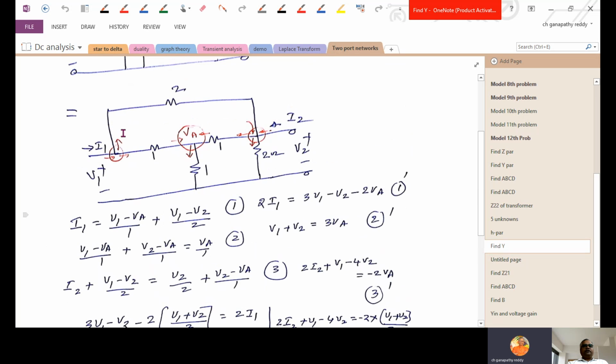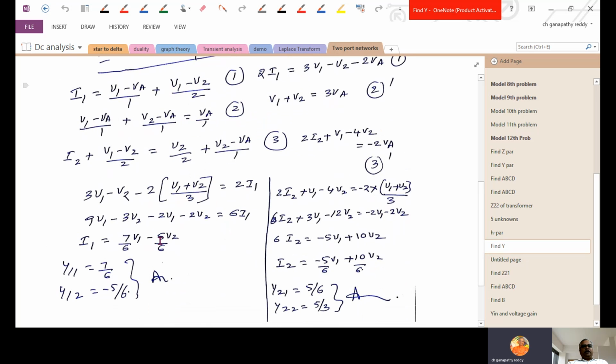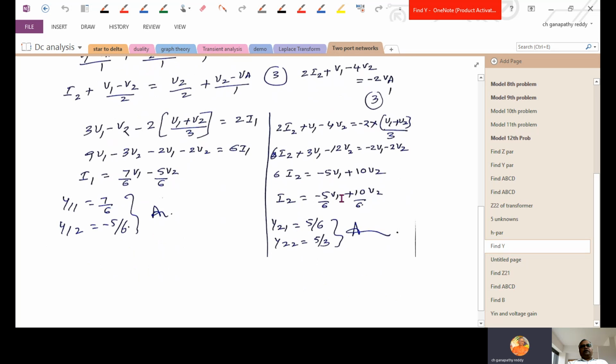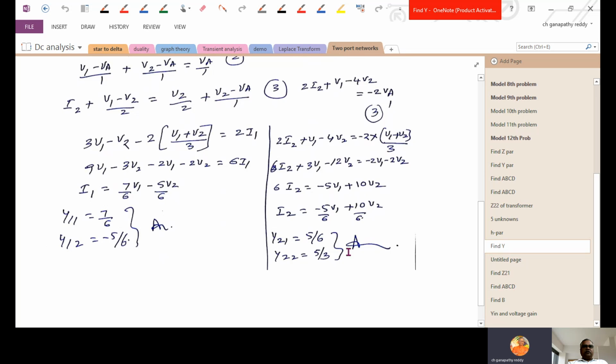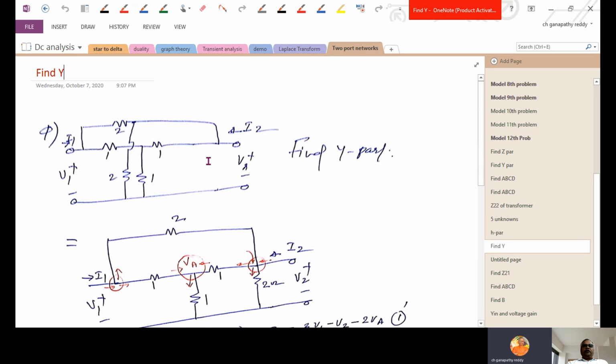All possible equations: here one nodal equation, here one nodal equation, here one nodal equation. Here one unknown VA is coming. You know how to write nodal equations. So write equations, express I1, I2 in terms of V1, V2, compare, and you will get the Y parameters. So like this you can solve, or find individually and add the Y parameters. That is also no problem.